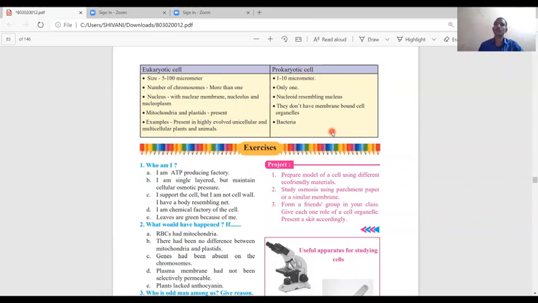Only one chromosome is in a prokaryotic cell. A well-defined nucleus with nuclear membrane, nucleolus and nucleoplasm is present in a eukaryotic cell. A nucleoid resembling a nucleus is in a prokaryotic cell.